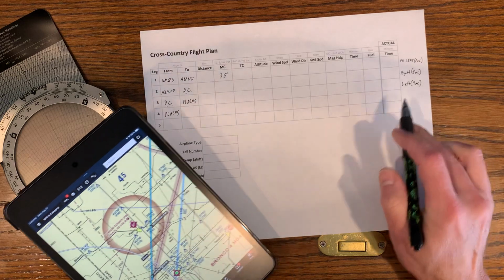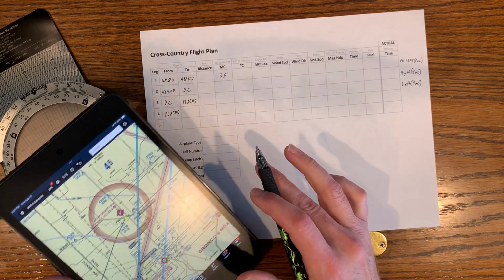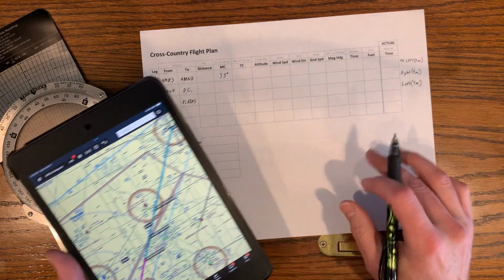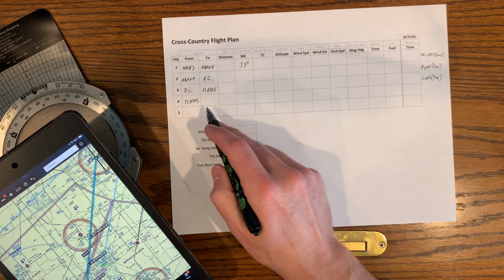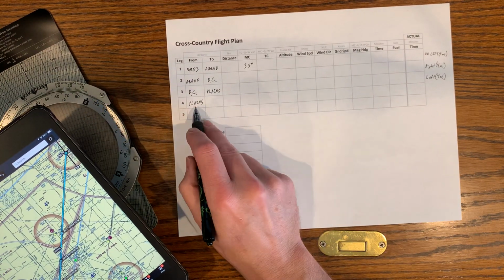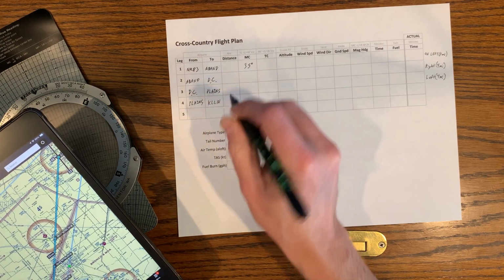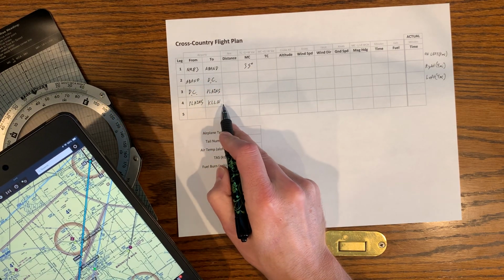You sure want to get this stuff right, because otherwise you may be looking in the wrong spot for your waypoints. All right. So then finally, the last leg is Plains to KLLN, which is our landing point.